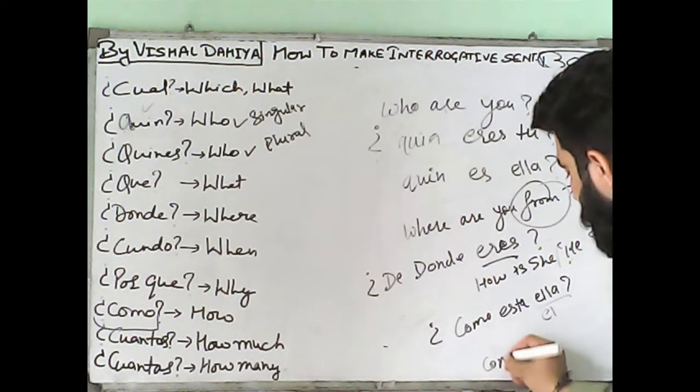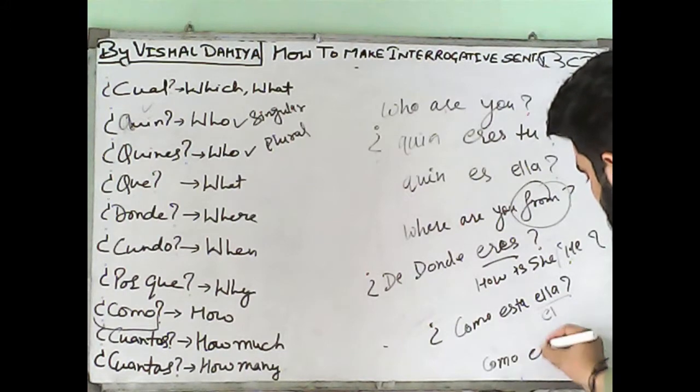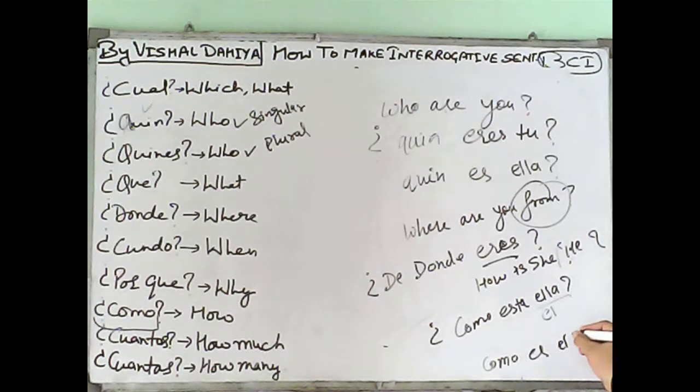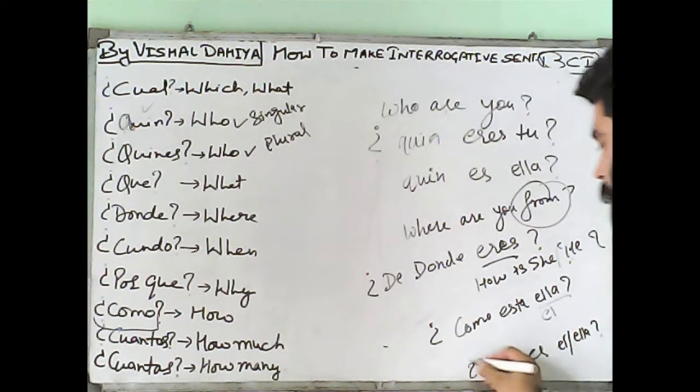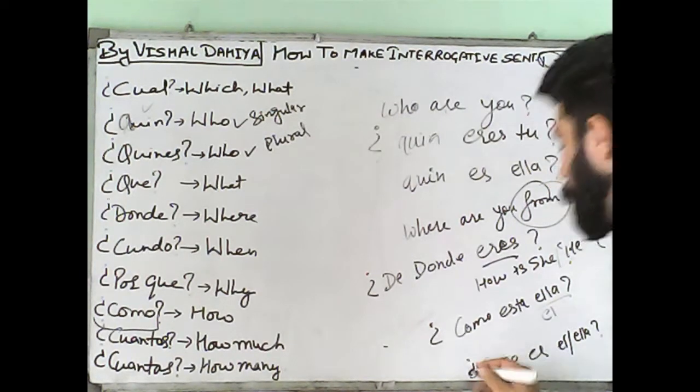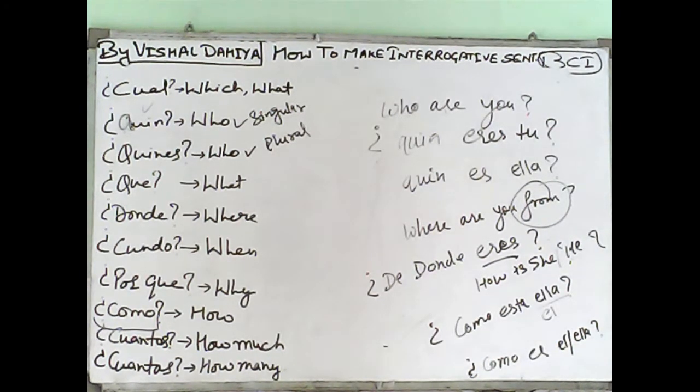Next, what would be its meaning if I use ser over here? See here, cómo es ella or él. If I use this, here I'm not talking about her health condition or something else. I'm just talking about her nature, or giving descriptions, right?